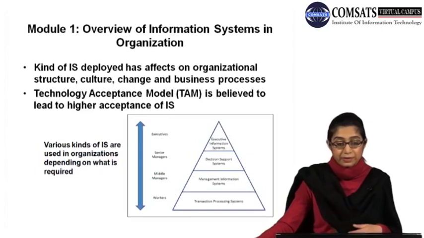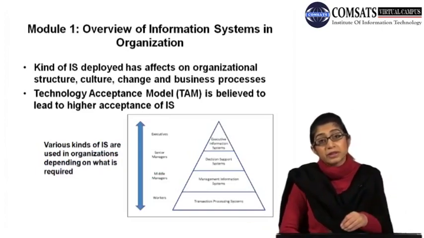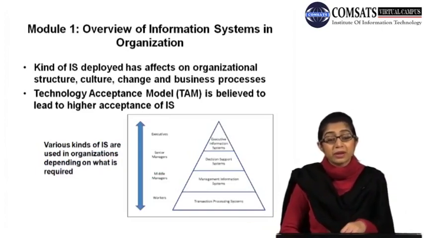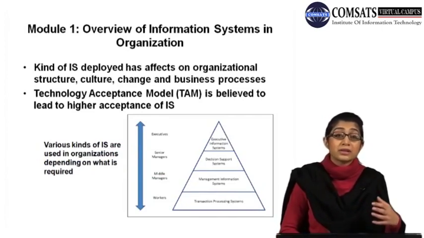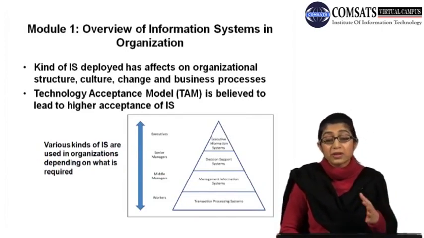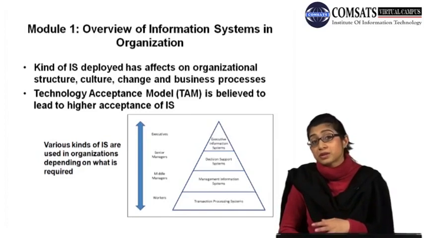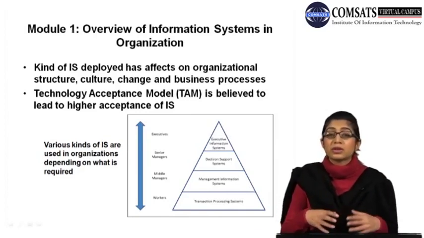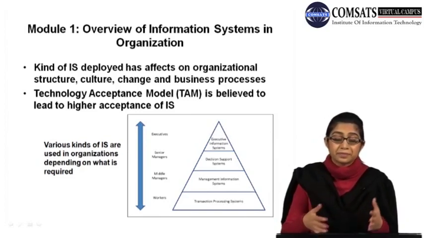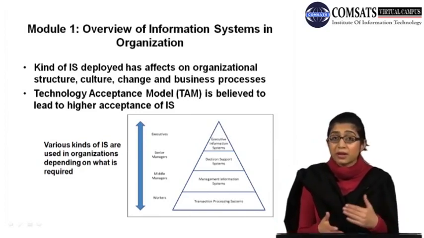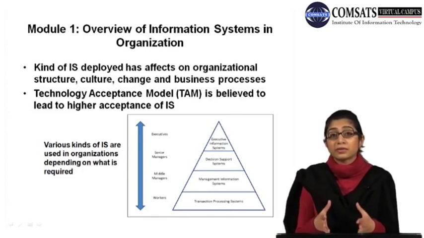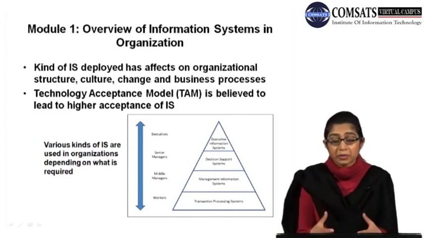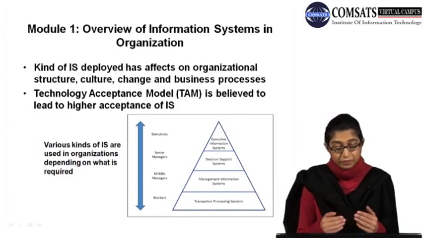The kind of information system deployed has effects on organizational structure, culture, change as well as business processes. That is, whether the organization has to go through a certain radical change or not depends on the kind of information system that will be deployed in the organization.